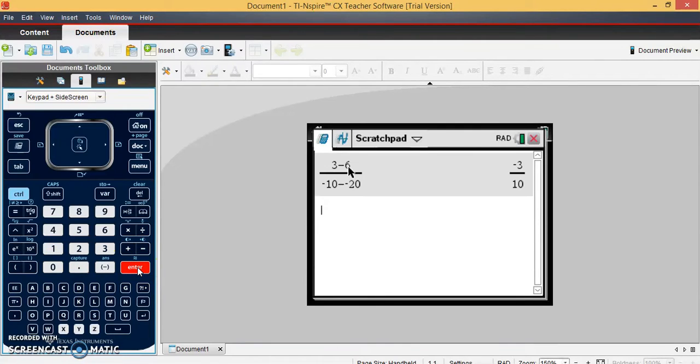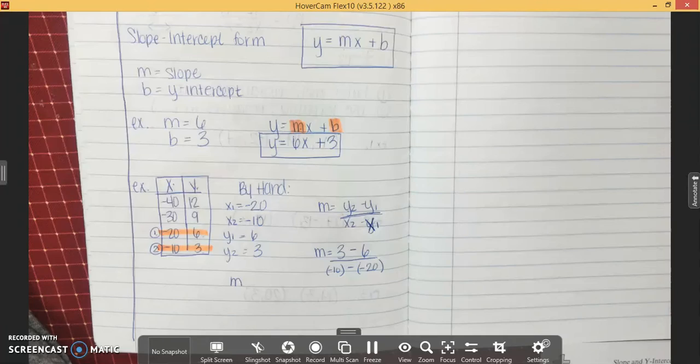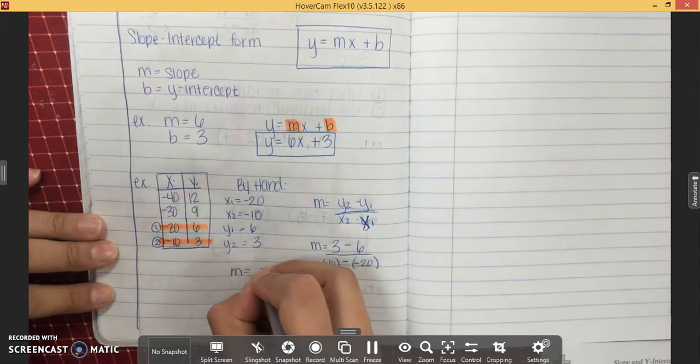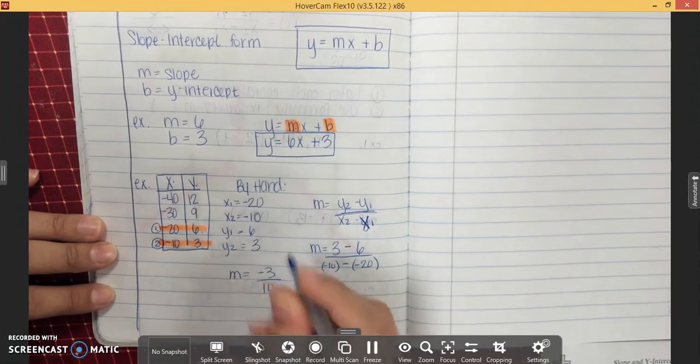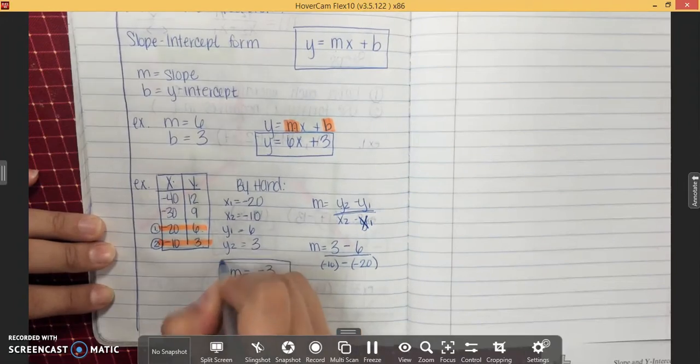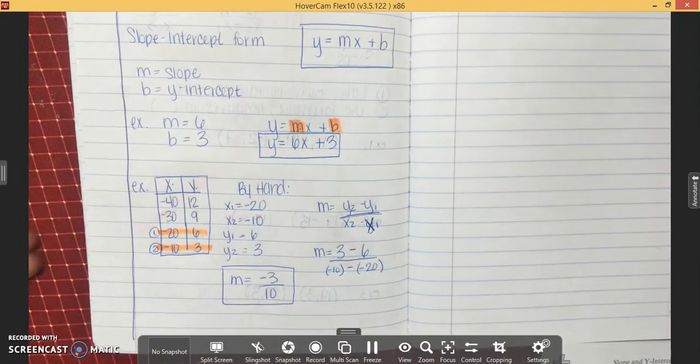Enter. My answer is negative 3 over 10. M equals negative 3 over 10. So this is how you do it by hand.